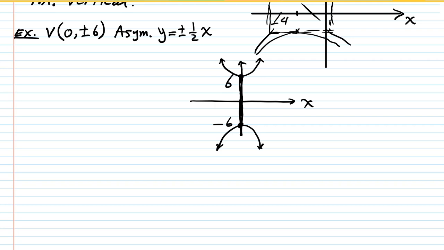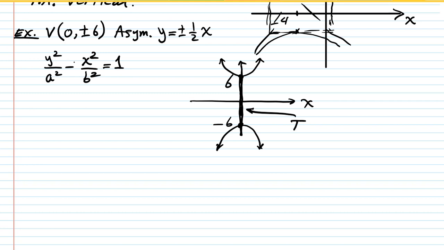Therefore, the equation of this hyperbola is going to be x squared over b squared minus y squared. Oh, we started with y, sorry. It's vertical transverse axis. So it's going to be y squared over a squared minus x squared over b squared equals 1.